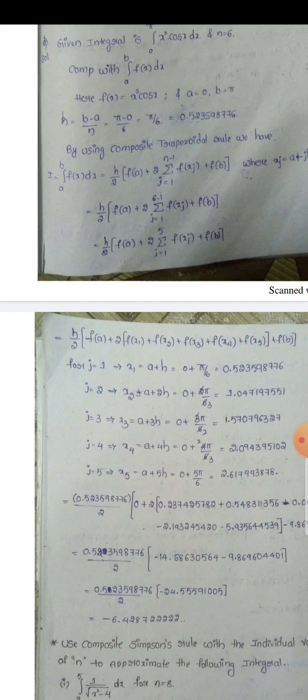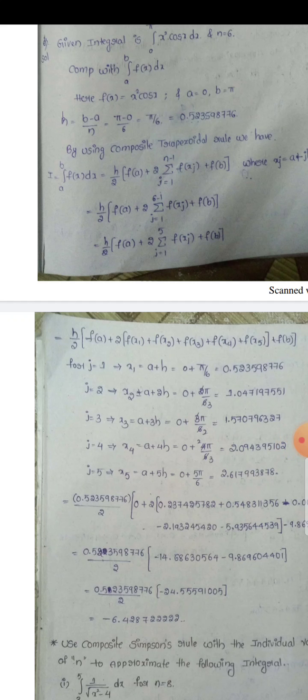For j equals 1, x1 equals a plus h equals 0 plus 5 by 6 equals 0.52359. For j equals 2, x2 equals a plus 2h equals 1.04719. For j equals 3, x3 equals a plus 3h equals 0 plus 3 into 5 by 6 equals 1.5707.